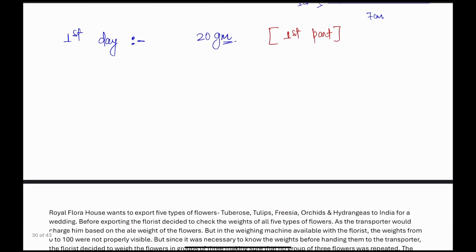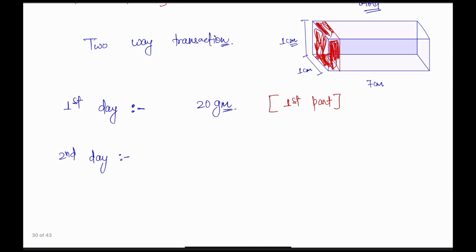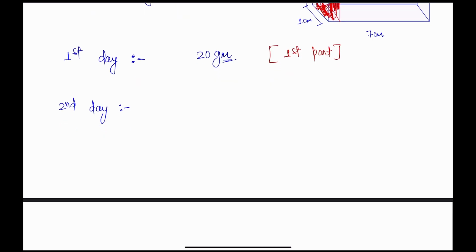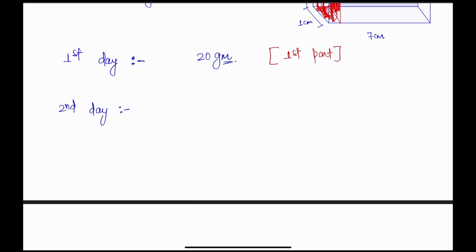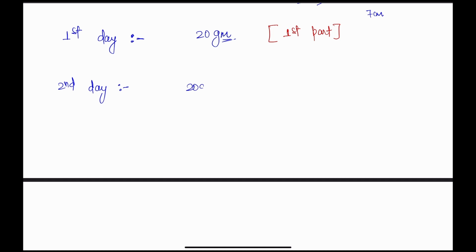On the second day, what can we do? Either we can give him 20 gram, but isn't it the same thing which Akbar was doing, dividing it into equal parts?